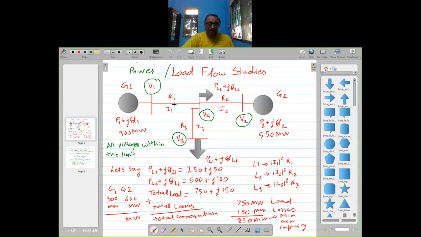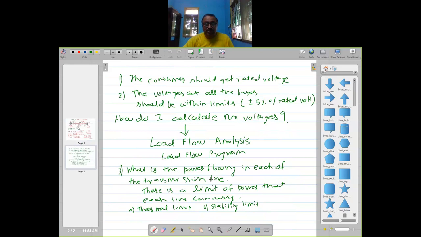So we need not go beyond the power at which the thermal limit of the transmission line is exceeded. But generally it is not the thermal limit, it is the other limit that we need to be more careful about, which is the stability limit.